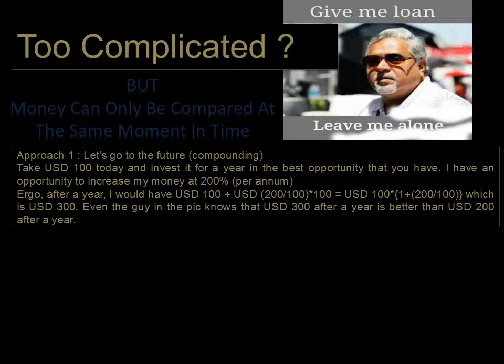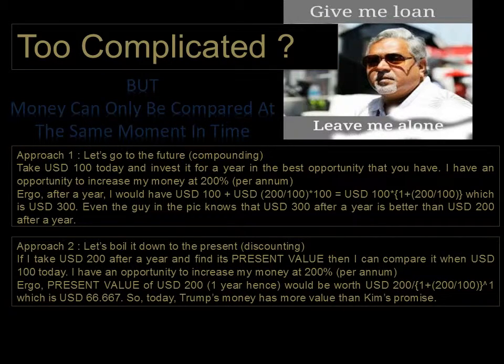Let's try the second approach. Here, we're going to go into the future, take Kim's money from him, and boil it down back to the present. This approach is called discounting. It's called finding the present value. Present value is nothing but you can travel to any point in cosmic time, take an amount over there, and find its value today.